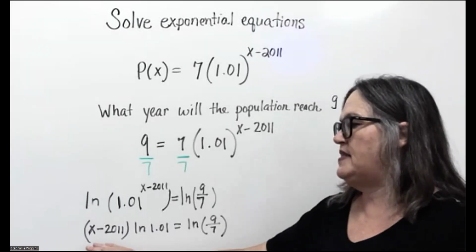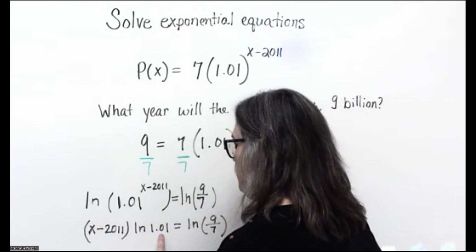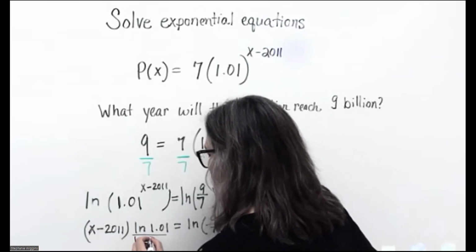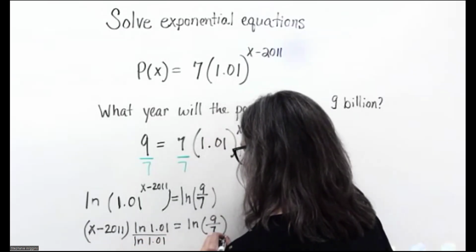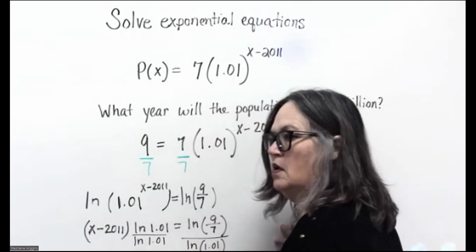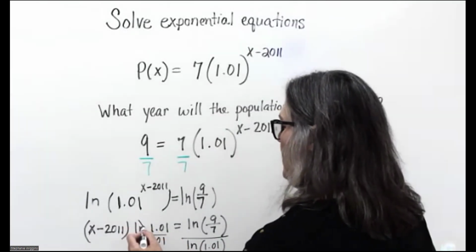Okay, so now I still want to isolate the X. So I'm going to divide both sides by this. And this goes away.